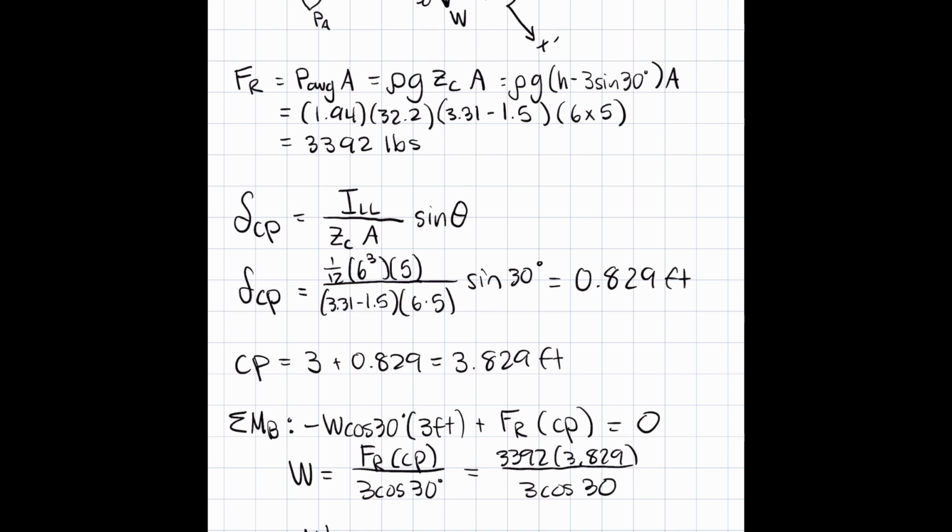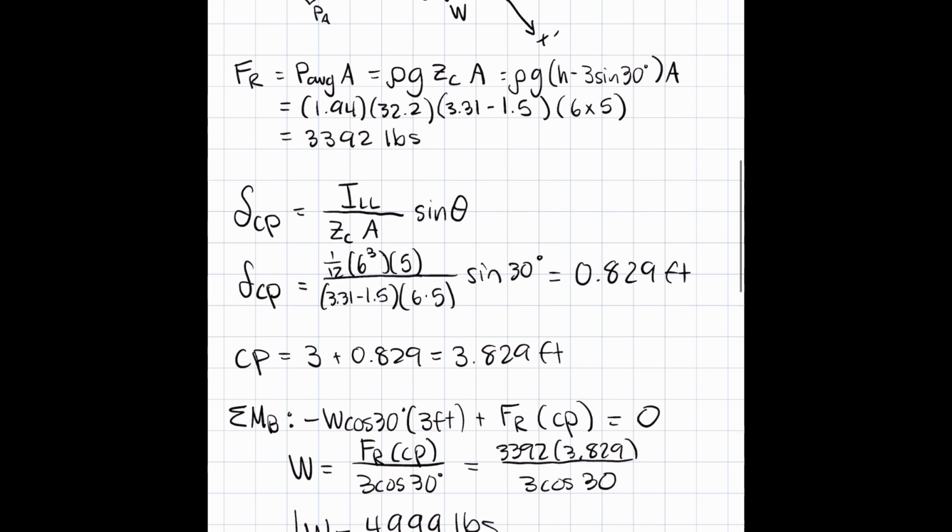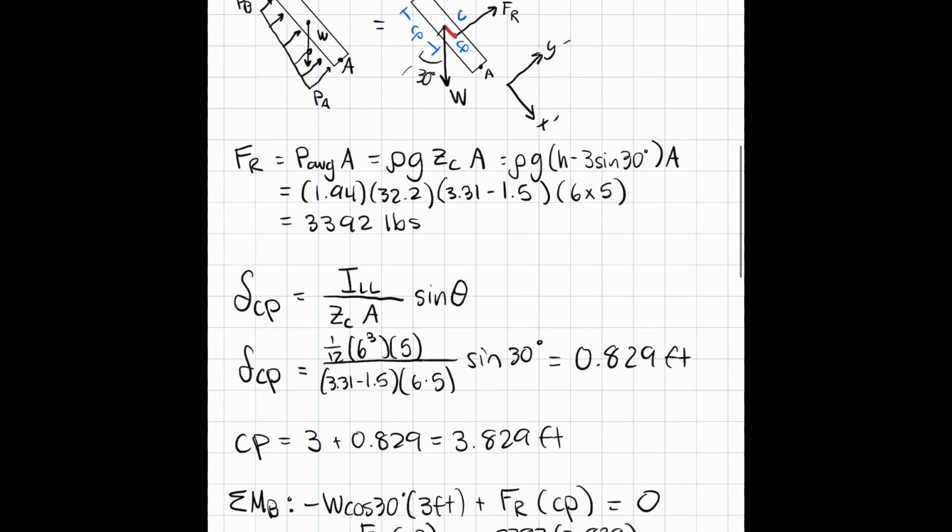Evaluating that numerically, we get that the weight is equal to about 4,999 pounds. And you will recall in our original example, the weight was equal to 5,000 pounds. So this is a very accurate approximation, most likely just due to some rounding errors that it's different at all. So with that, we've verified our answer.